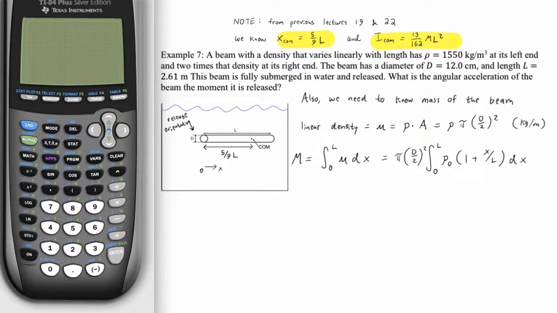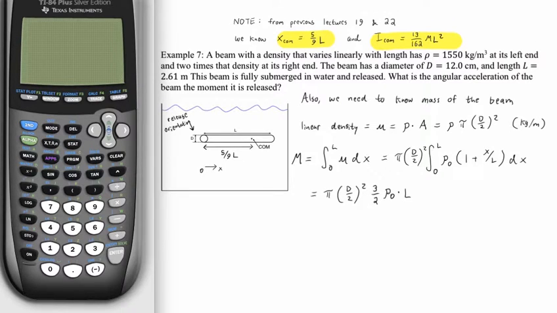The idea is that when x equals 0, rho is just rho naught. When x equals L, we have 1 plus 1 equals 2, so we get 2 rho naught, which is twice as dense at the far end. This is the same functional dependence we saw before.